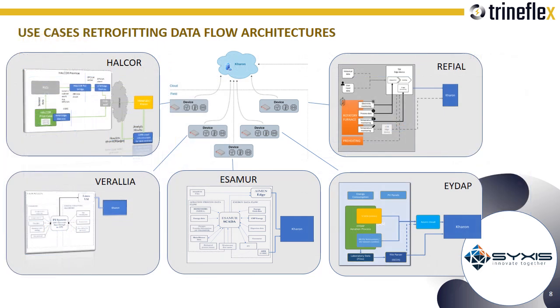In this slide are represented the data flow architectures deployed in the other use cases. You can see every use case adopted slightly different strategies according to volumes, device types, own architecture.